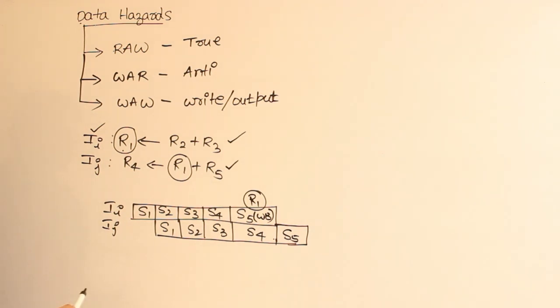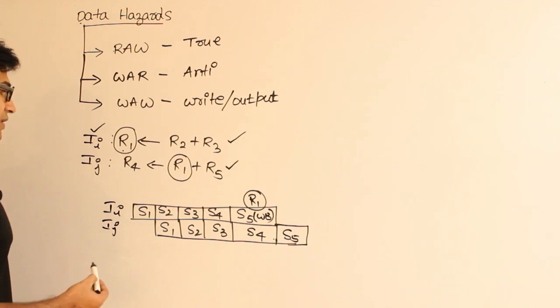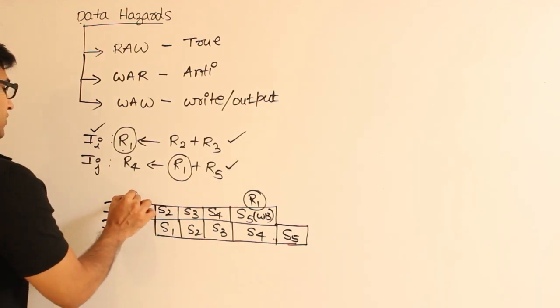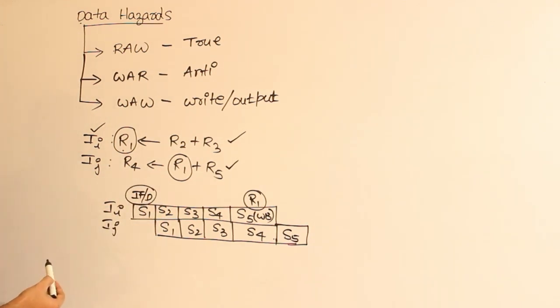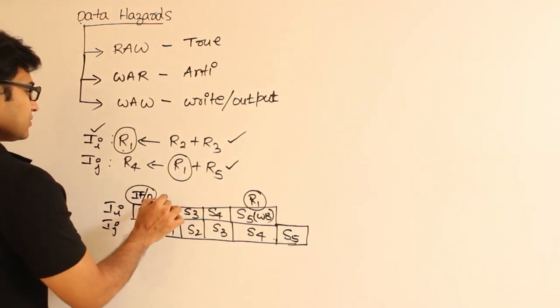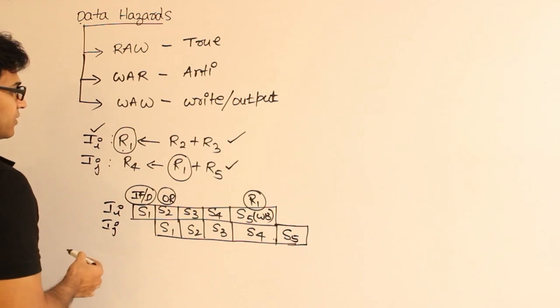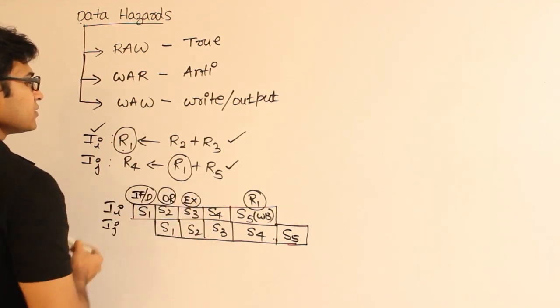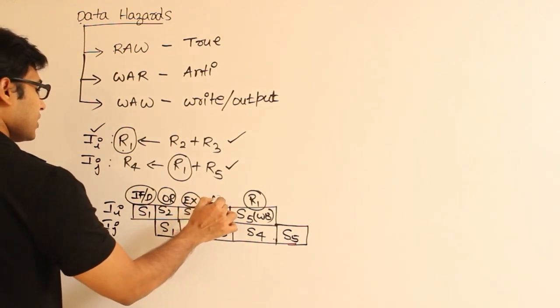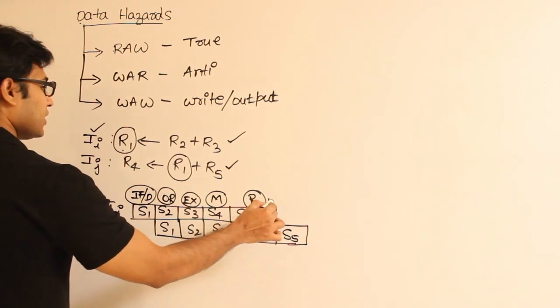Just for the sake of understanding, let me give some names to these stages. Assume S1 is instruction fetch and decode, and S2 is where operands are read. In the next one, the instruction is executed, and if there is any memory access, it happens in the next stage, and finally write back happens in the last.